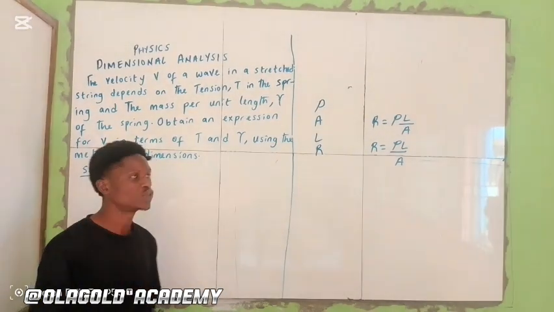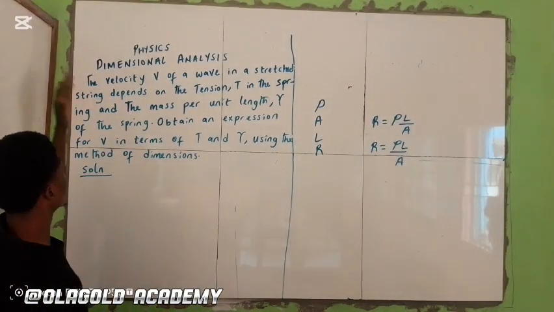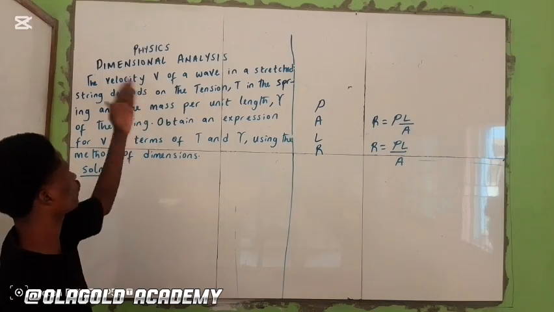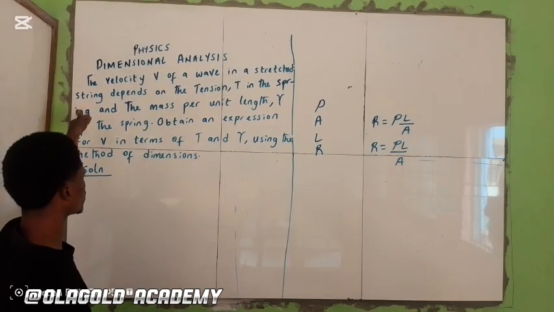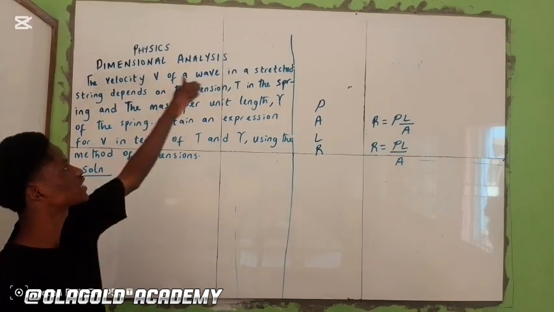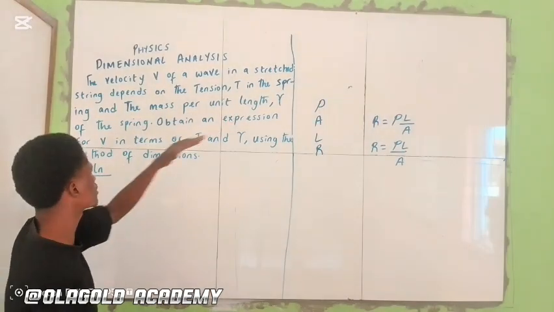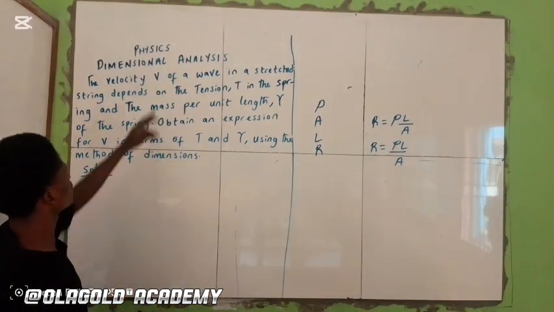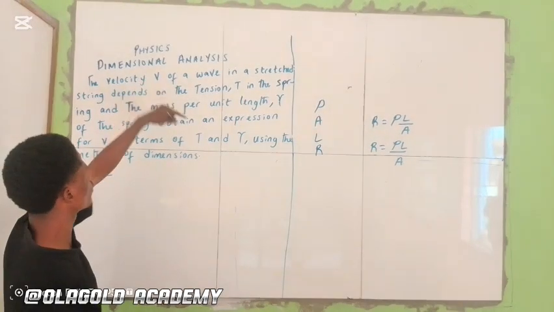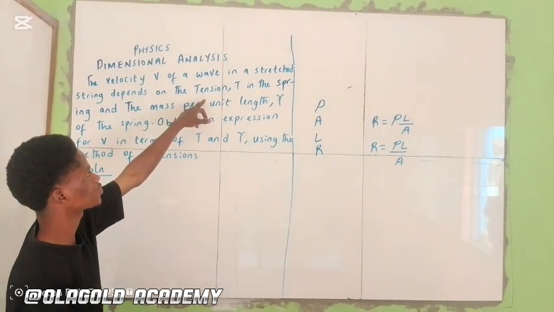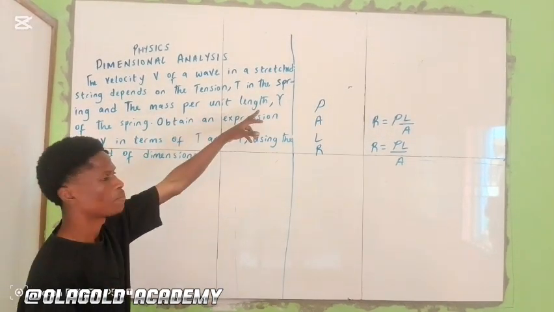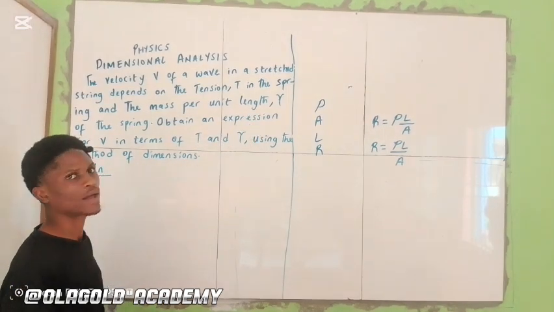If you read carefully, you will see that the question says the velocity v of a wave in a straight string depends on the tension, depends on the mass per unit length. So we can see that velocity v is depending on the tension and mass per unit length, which is gamma.